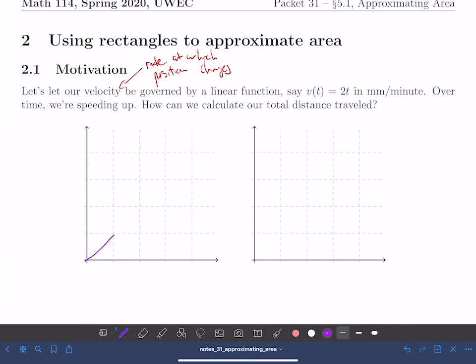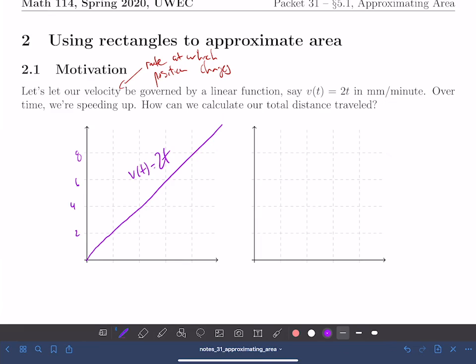And I'm going to draw it. It looks like I'm going to draw v of t equals t. But I'm drawing v of t equals 2t because I'm going to go 2, 4, 6, 8.